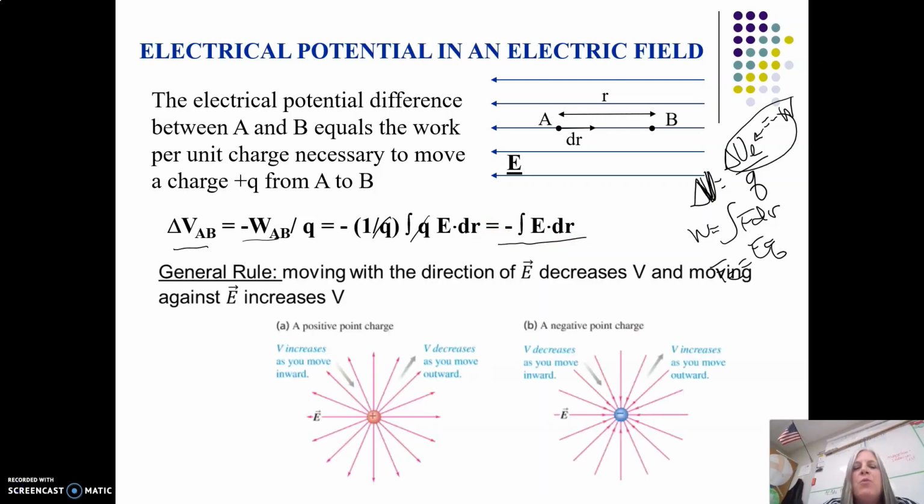Now, as a general rule, when you move in the direction of the electric field, the electric potential will decrease. We see this negative sign here for our electric potential. Moving against the electric field increases the electric potential. So as you move along those field lines, the electric field and the electric potential behave opposite to each other.